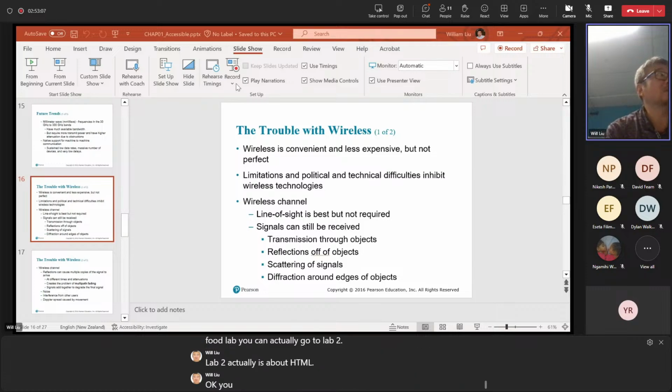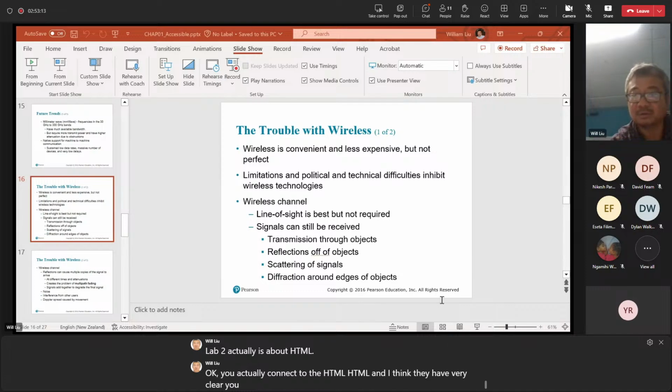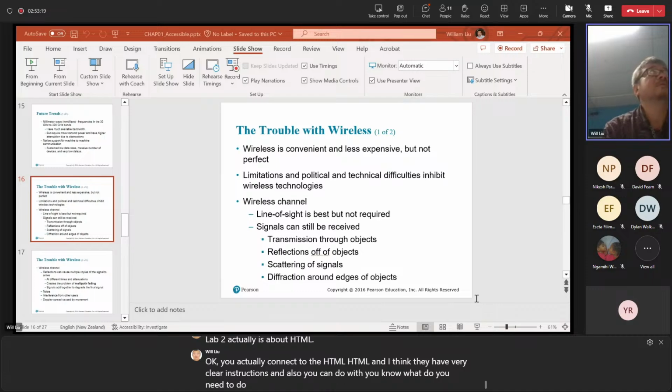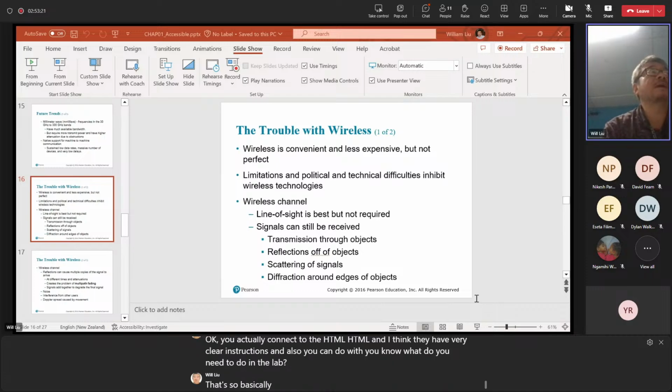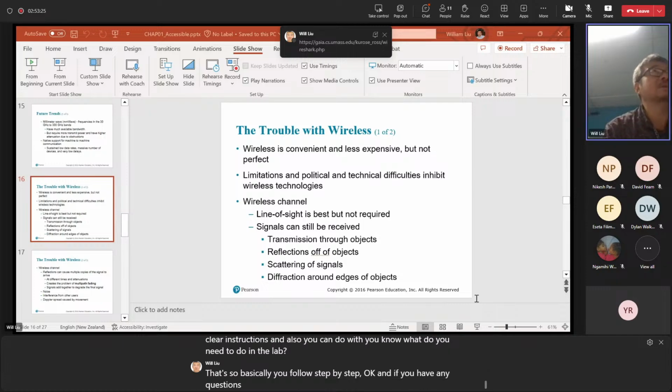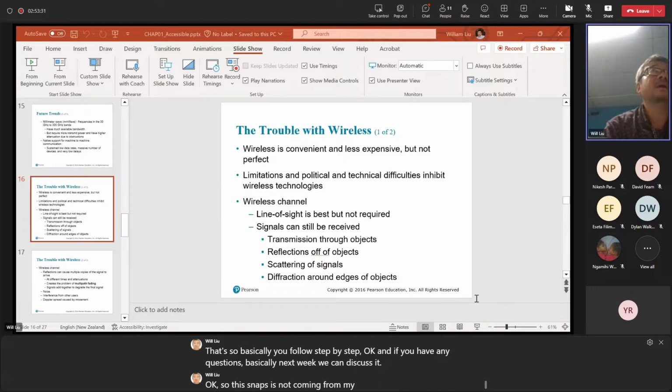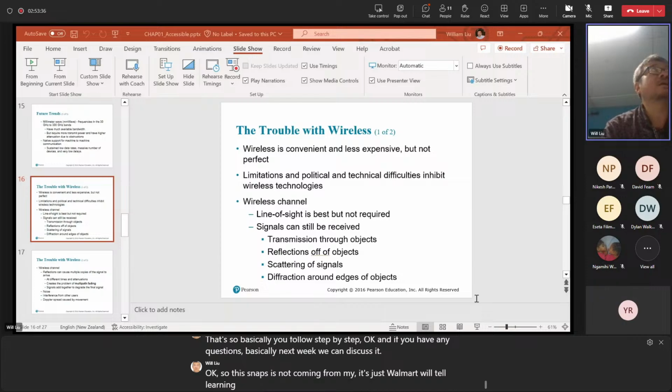You connect to the HTML, and I think they have very clear instructions on what you need to do in the lab. So basically you follow step by step. And if you have any questions, next week we can discuss it. These labs do not count for marks. It's just to warm yourself up for learning this Wireshark tool.